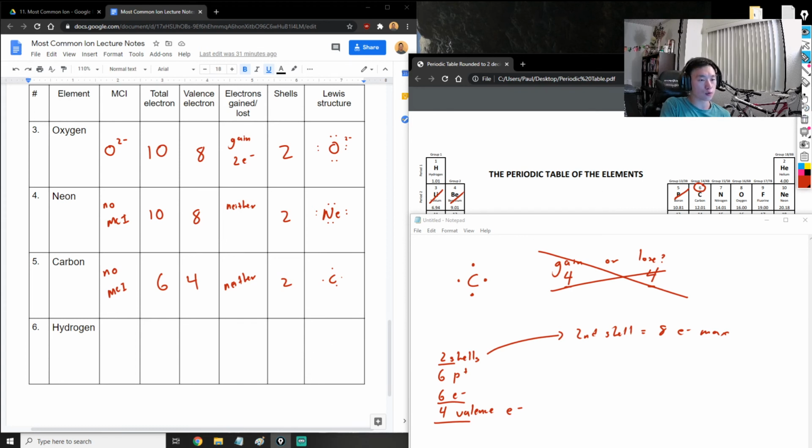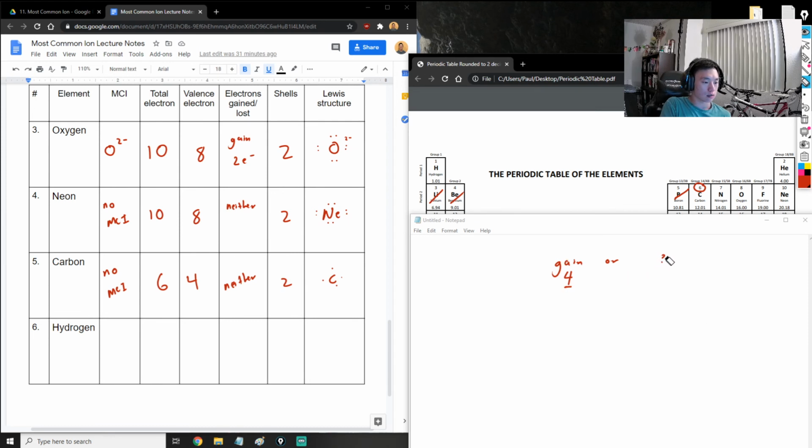Alright, the last weird example, and this is the one that you're going to have to memorize, is for hydrogen. So take a second to look for hydrogen on the periodic table. Okay, and try to draw the Lewis structure for hydrogen if you guys can.